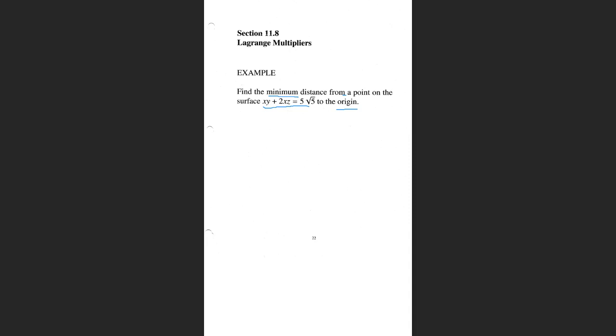And I want to mention something here. In your homework, you're going to have a variety of problems dealing with Lagrange multipliers.